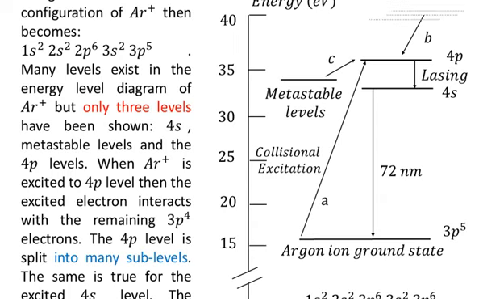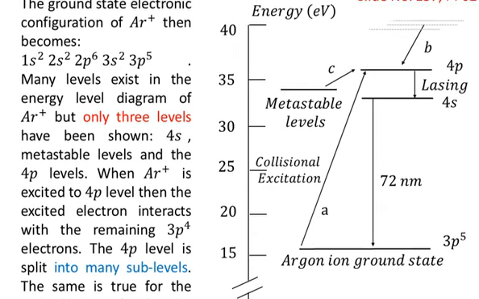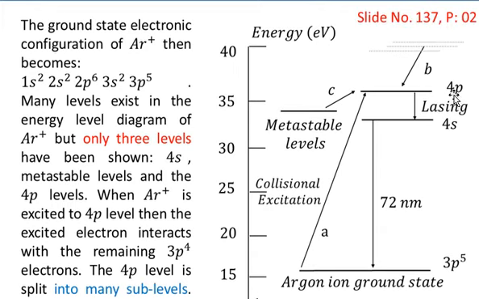You can see that in the figure we have two levels. One is the 4p level, which acts as the upper laser level for the argon ion lasing system, and the 4s level acts as the lower level for the argon ion system.